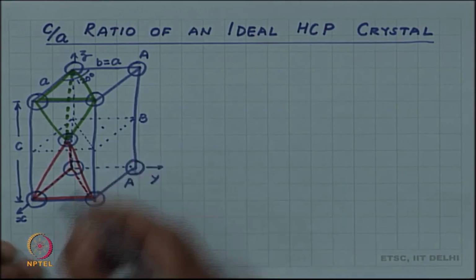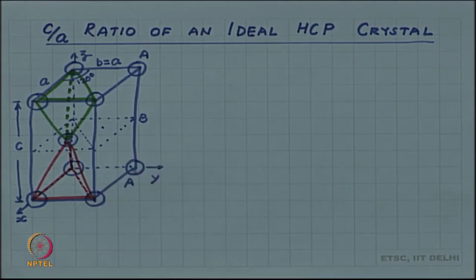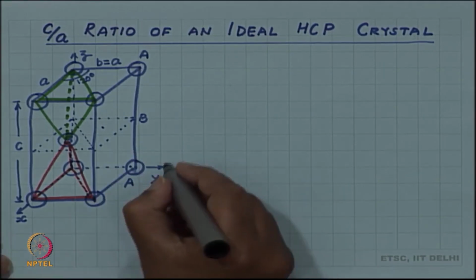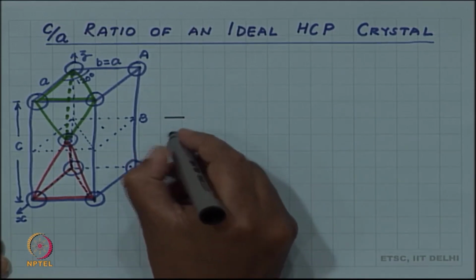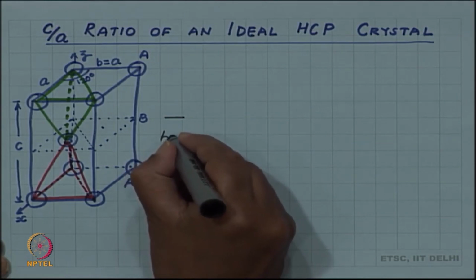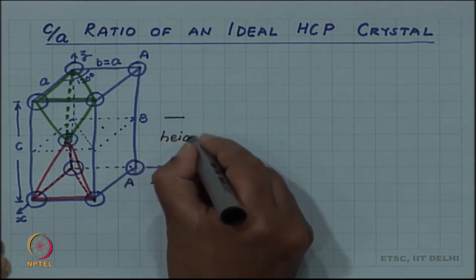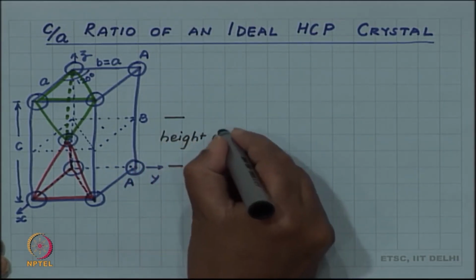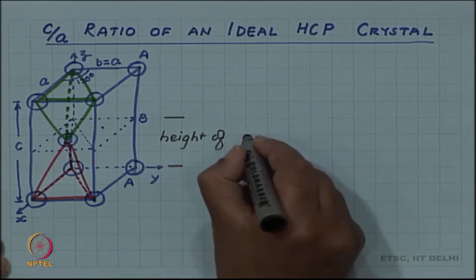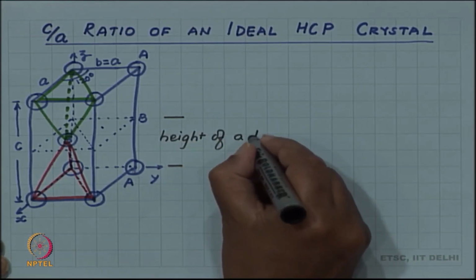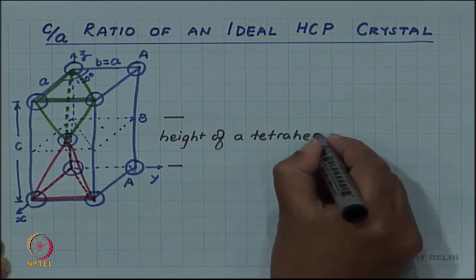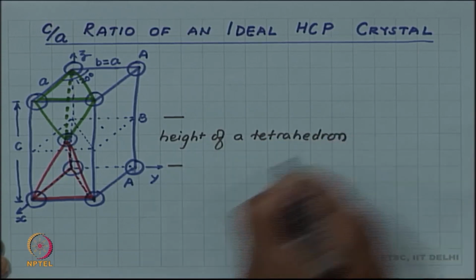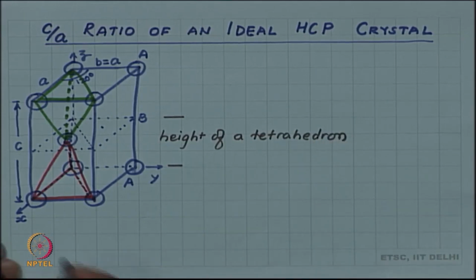So, now you can easily see that the A to B distance is the height of a tetrahedron. And what is the edge length of the tetrahedron?